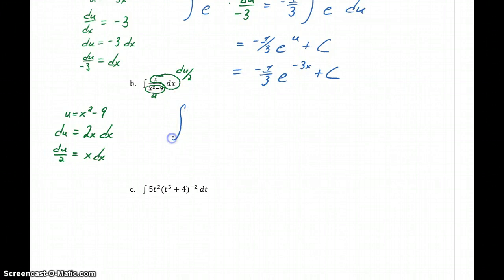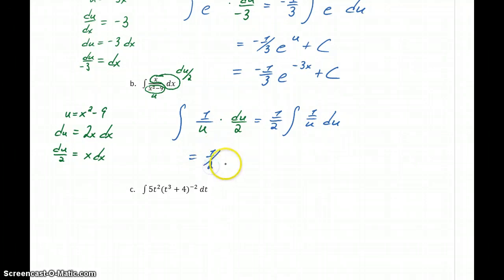So our integral becomes the integral of 1 over u, and then times du over 2, where du over 2 has again replaced x times dx here. So we can use those properties of integrals again to rewrite this as 1/2 times the integral of 1 over u du, and now we have one of those simple integration cases again.